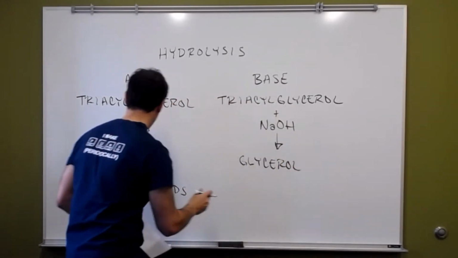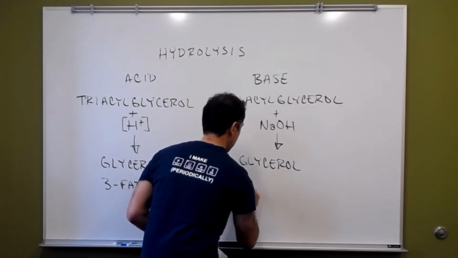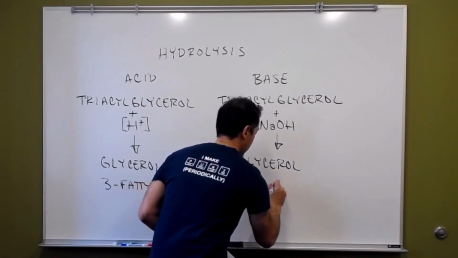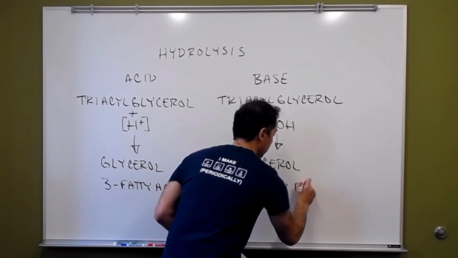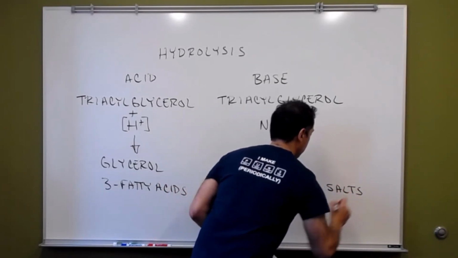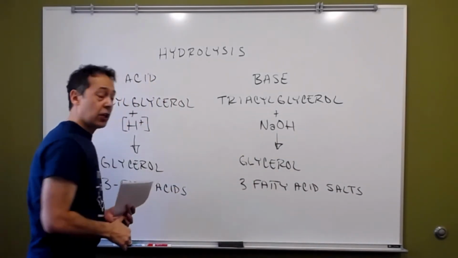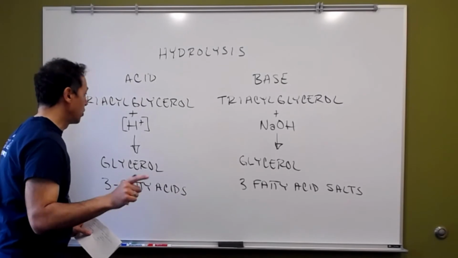And then instead of 3 fatty acids, we'll end up with 3 fatty acid salts. And we'll take a look at both of these reactions here in just a moment.